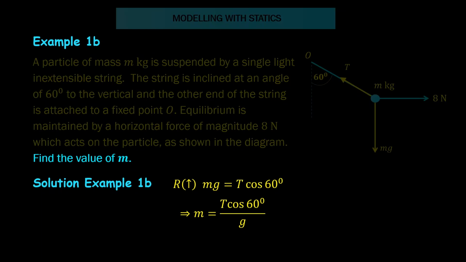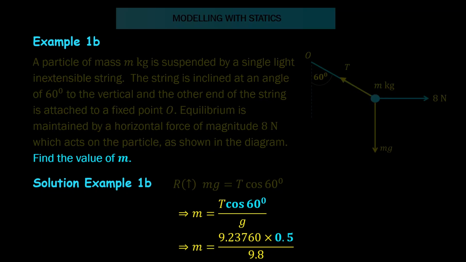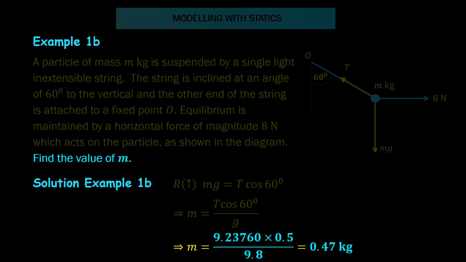And rearranging this gives us that m equals T cos 60 degrees divided by g. And plugging in the value of cos 60, the value of g and the value of T gives us that m equals 0.47 kilograms.